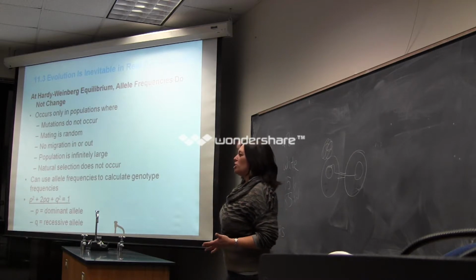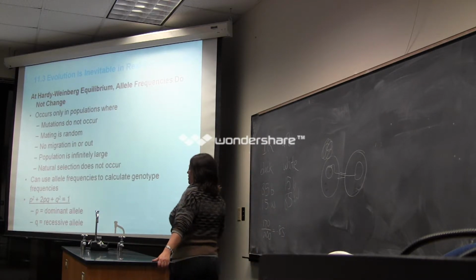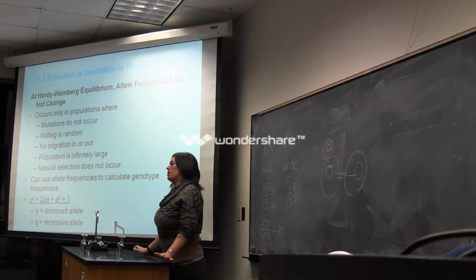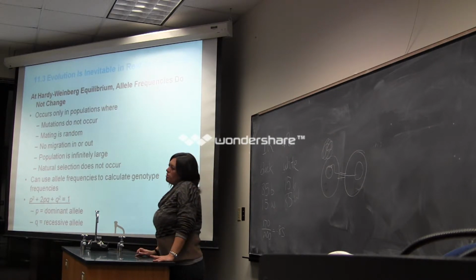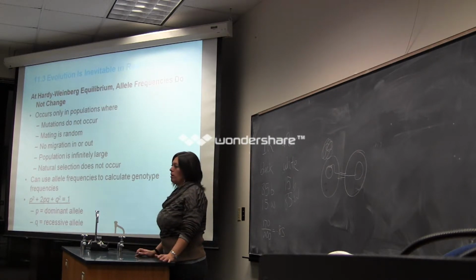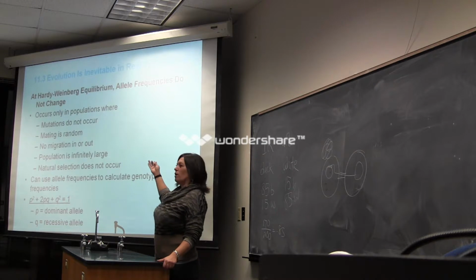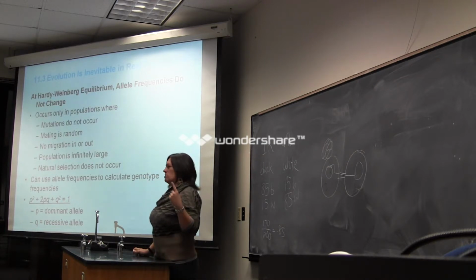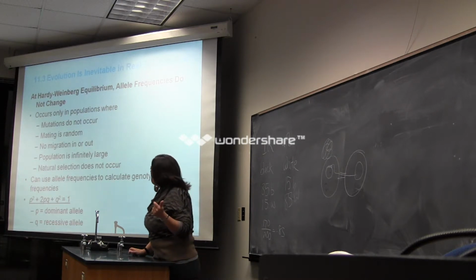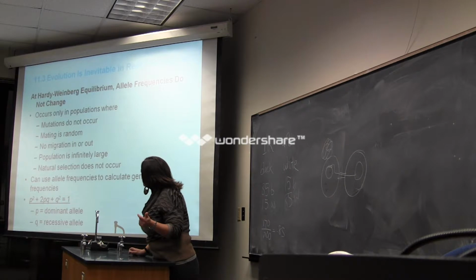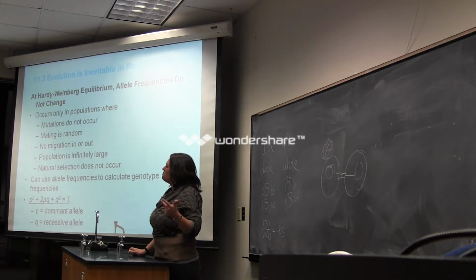And so there's a certain set of conditions that have to be met for a population to be in Hardy-Weinberg equilibrium. One of those is you can't have mutations. Well, we have mutations all the time. Another one is that mating is random versus non-random, because if you think about it, mating is not really random.